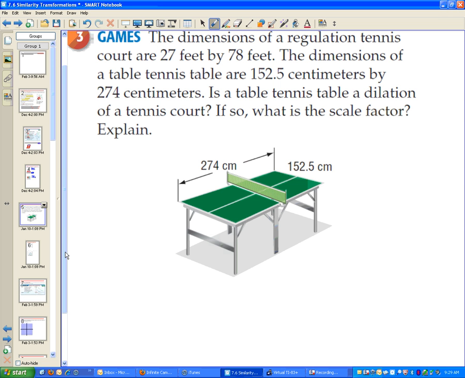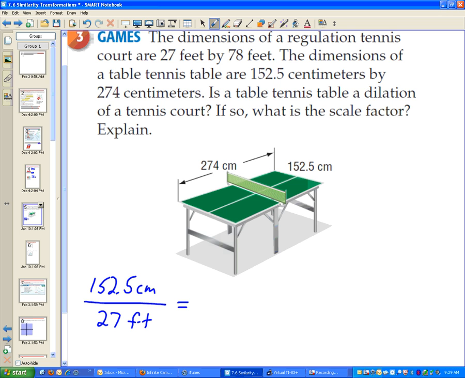If so, what is the scale factor? All right, well, let's see. The shortest side of the table tennis table will correspond to the shortest side of the tennis court.